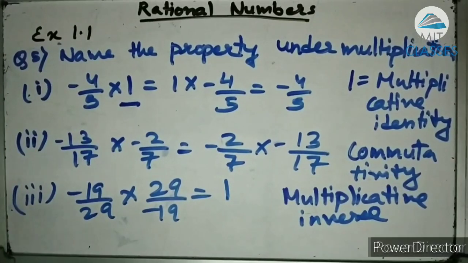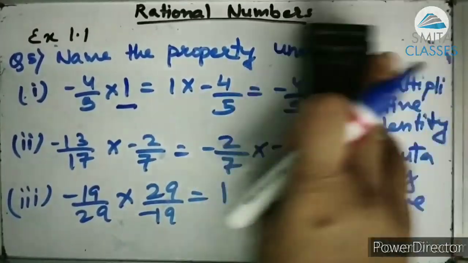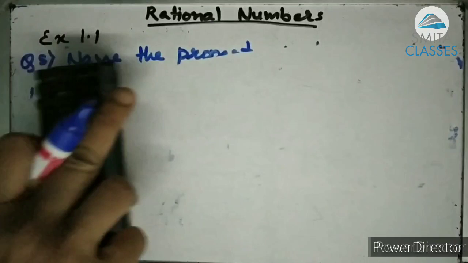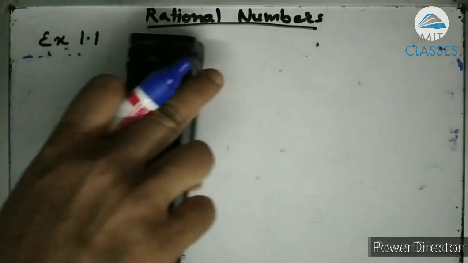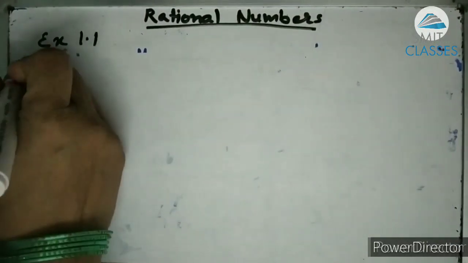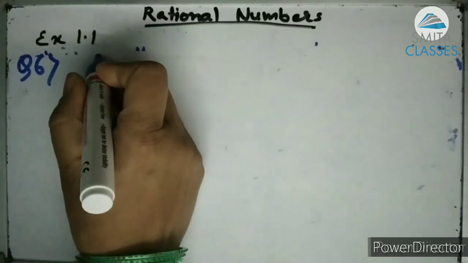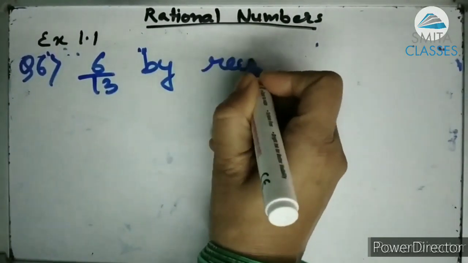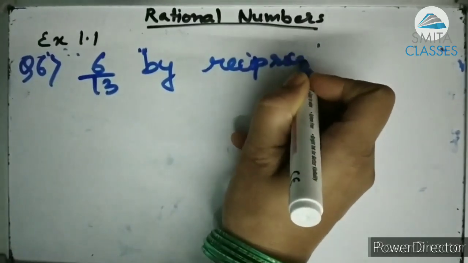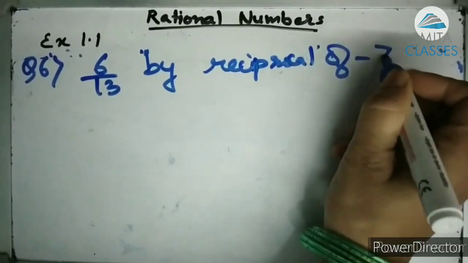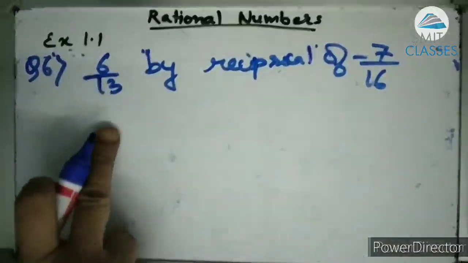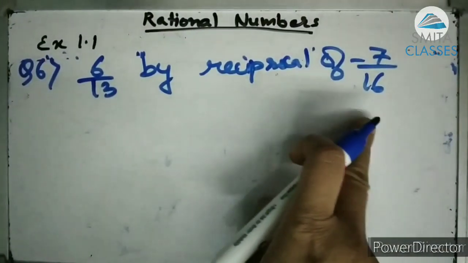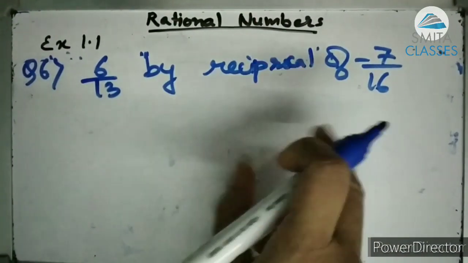Now I go to question number 6. In question number 6 they are asking to multiply 6 by 13 by the reciprocal of minus 7 by 16.